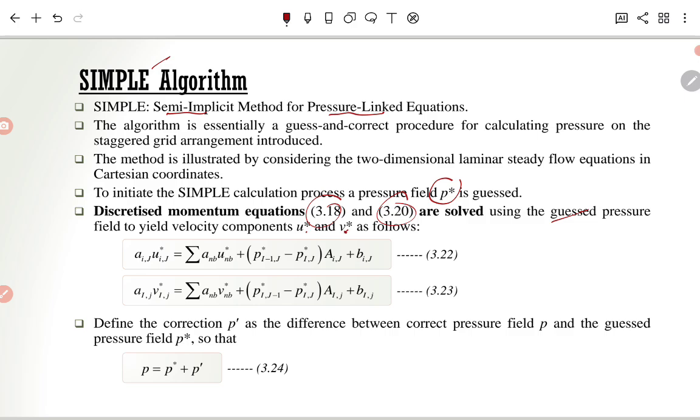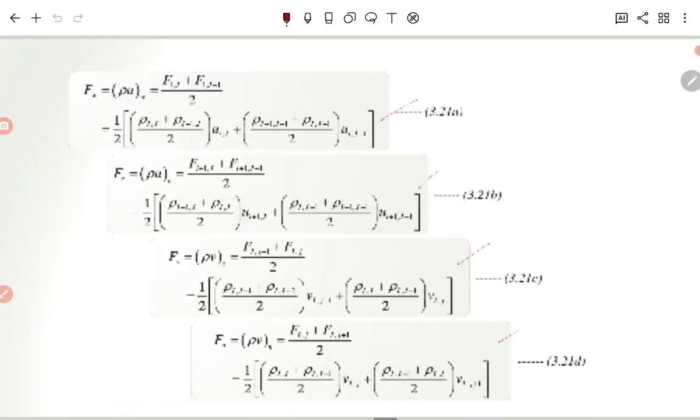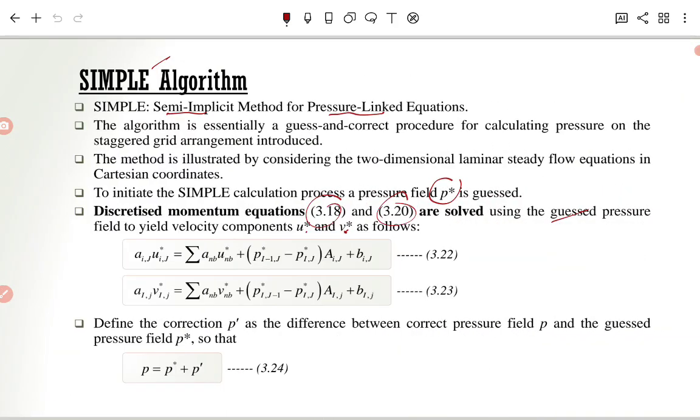Okay, so we have this from equations 18 and 20. We substitute the guess value, and we can have this one also. P is the guess value, so we also need to guess the values for U and V here. The difference between P and P prime: P equals P star plus P prime.